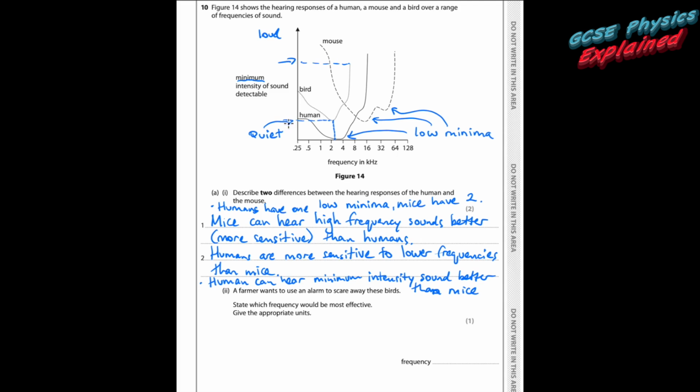So that's what this graph is showing you if you didn't quite understand from part A1. So that's 2.5 kilohertz and it's only worth 1 mark. So imagine if you did play 2.5 kilohertz loud, it's going to blast the bird's ears because they are very sensitive to that particular frequency.